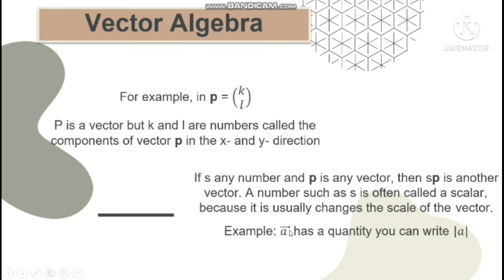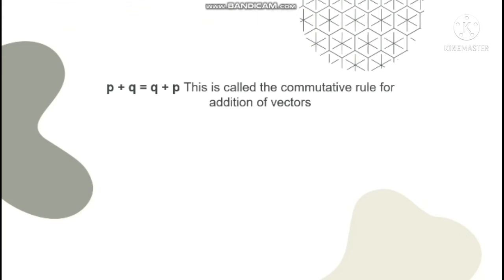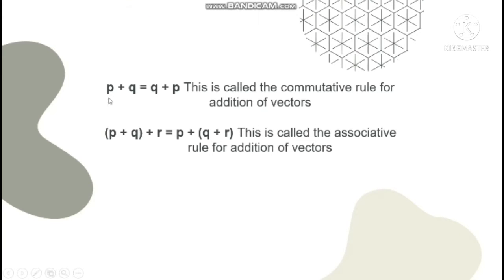For example, this is a vector A. It has a quantity, you can write A. If P plus Q equals Q plus P, this is called the commutative rule for addition of vectors. If (P plus Q) plus R equals P plus (Q plus R), this is called the associative rule for addition of vectors.